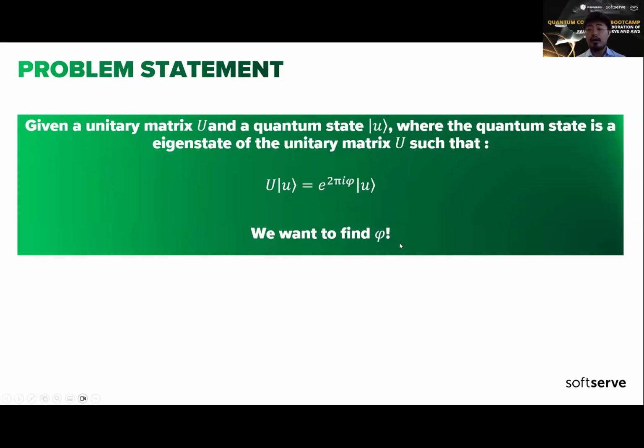Does everyone understand the problem statement here? Does anyone have any questions about the problem statement? It is quite important that everyone understands the purpose of quantum phase estimation and the problem that we're trying to solve.